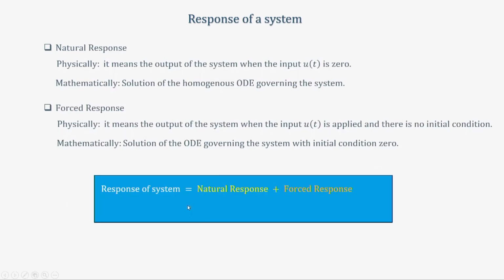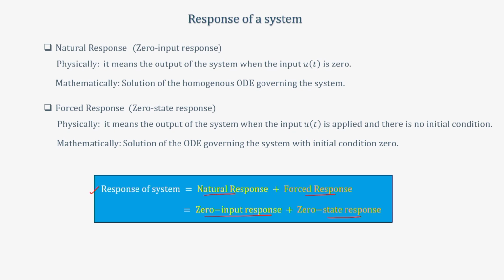If we go back, as written here, the response of a system is equal to the natural response plus the forced response, and these have other names. The natural response is known as the zero input response, because the input is 0 in this case, and the forced response is known as the zero state response, because the initial state conditions are 0. I will come to what we mean by state later on.